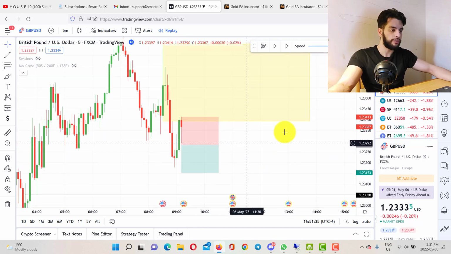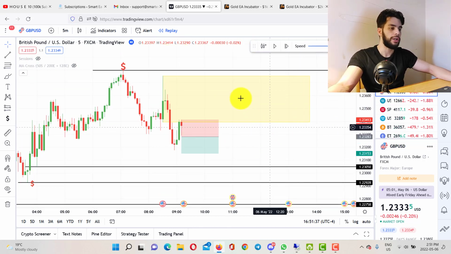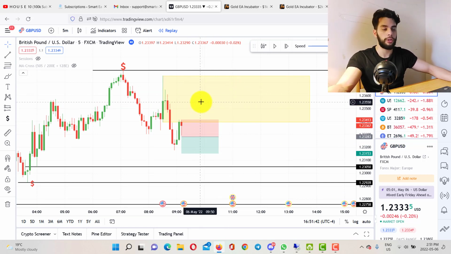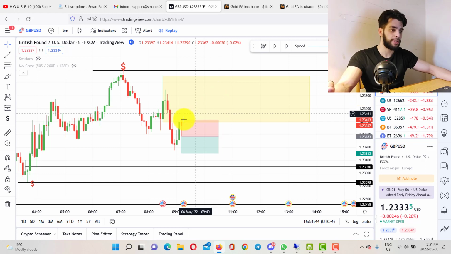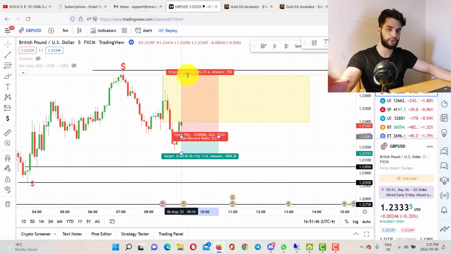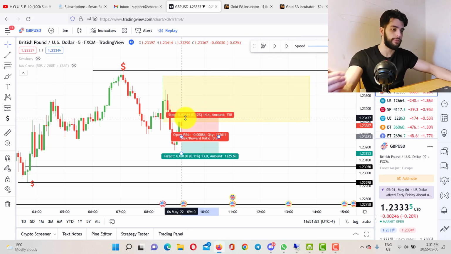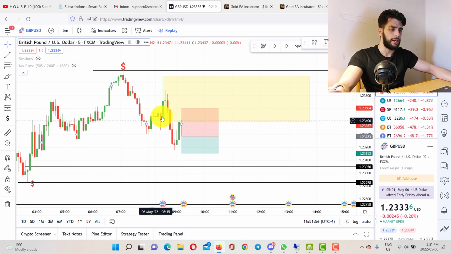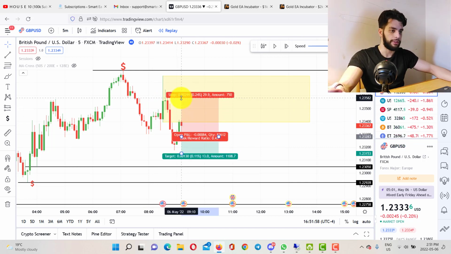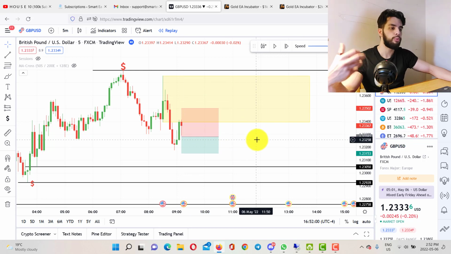One thing you need to pay attention to is that when you have such a wide high probability supply or demand zone, you don't want to put your stop loss way up here, right? It's too wide, I know that. But based on my experience, instead of putting it exactly above the candle to be super tight, it's way better to put it somewhere in the middle, here or here, to give it more room to breathe.